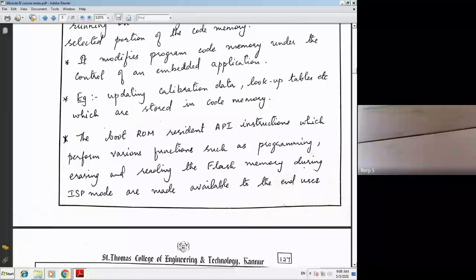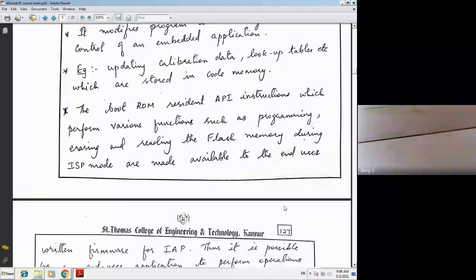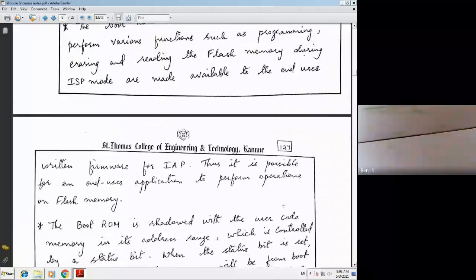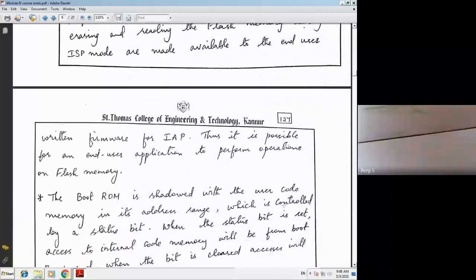So there is a memory called the boot ROM, in which application program interface instructions are stored, and the user is given privilege to access the boot ROM and erase and read certain parts of this memory. And this happens in ISP mode.